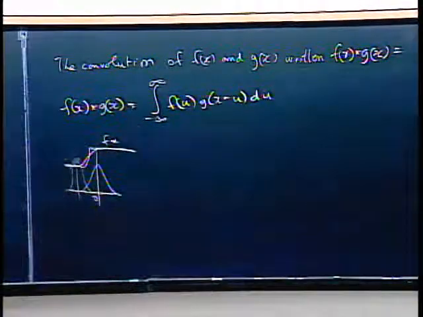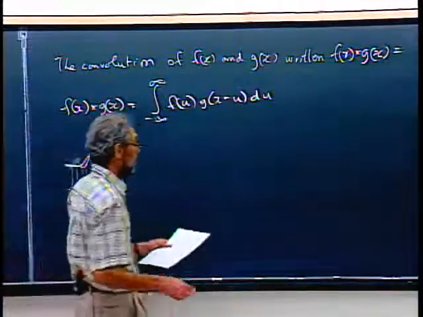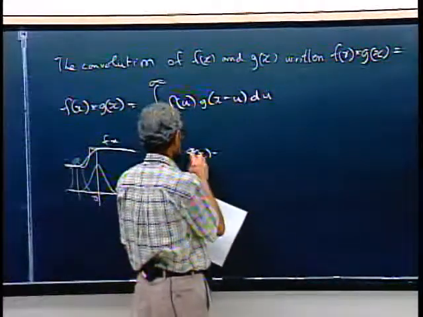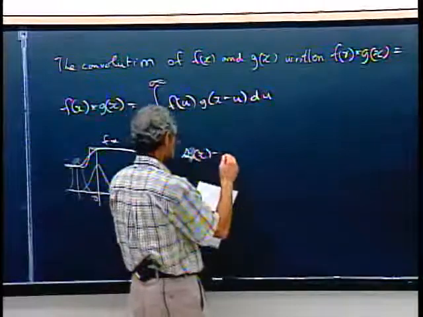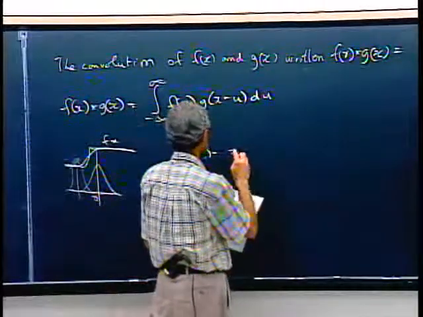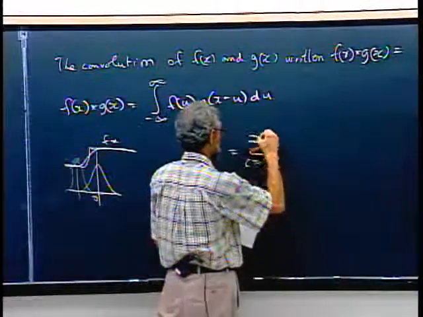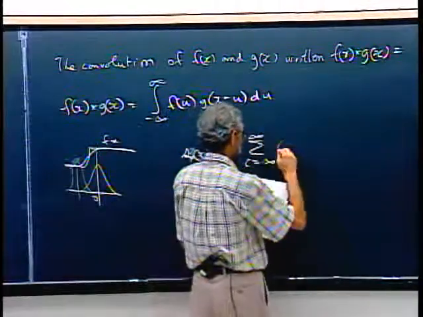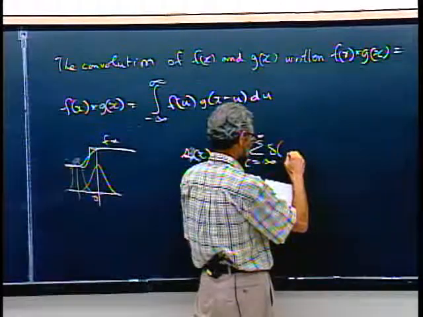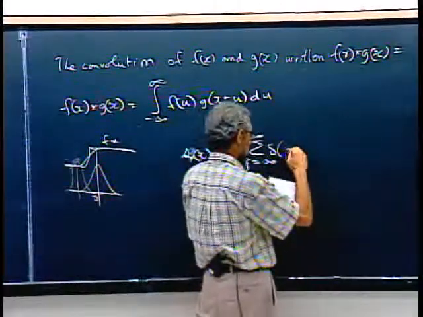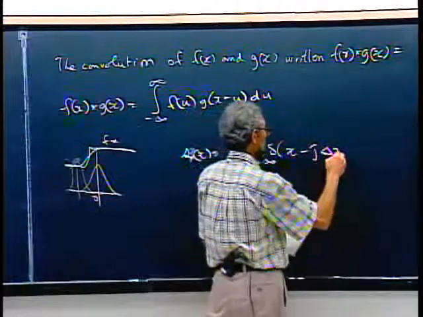So, let's see, let me do these facts. If you have s of x, this should have been a lowercase s, maybe I'll write it like that, is the sum j equals minus infinity to infinity of delta of x minus j delta x.